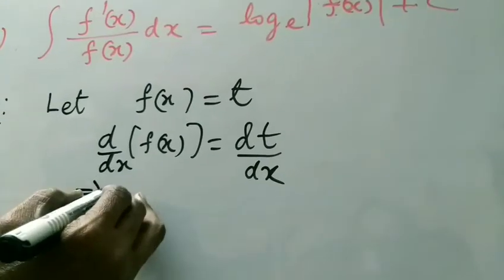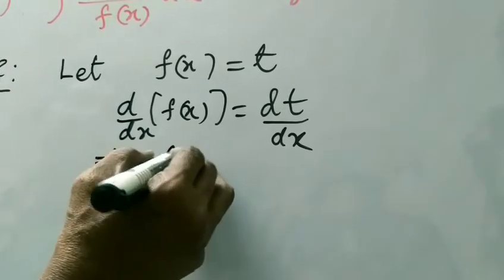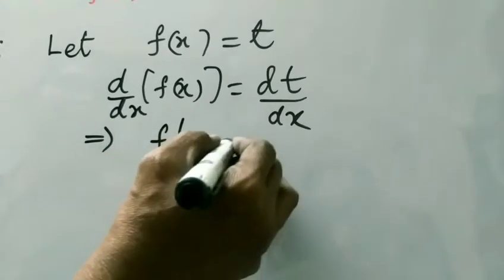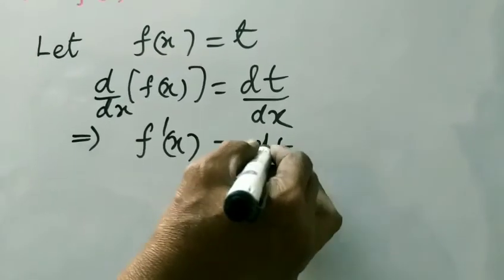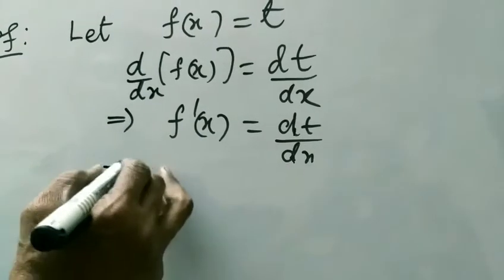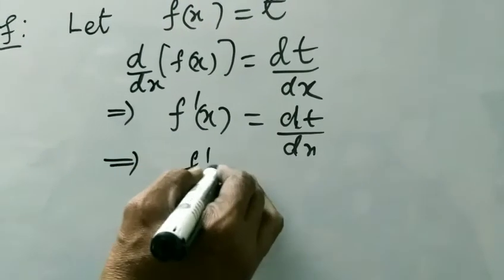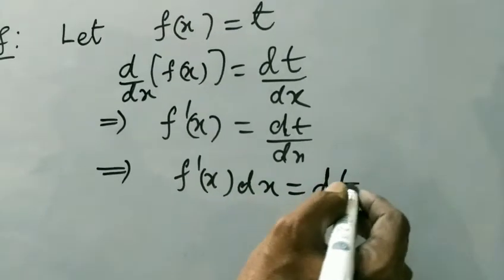Differentiation of f of x becomes f dash of x, which is equal to dt by dx. So f dash of x dx is equal to dt.